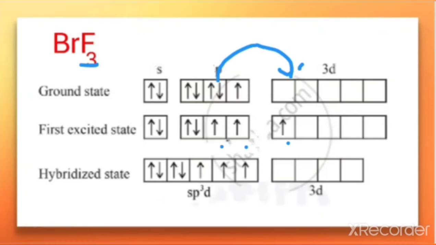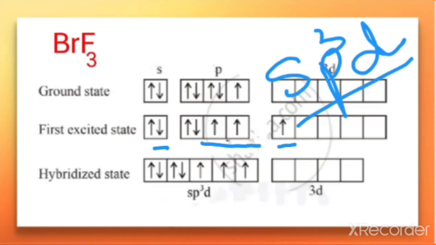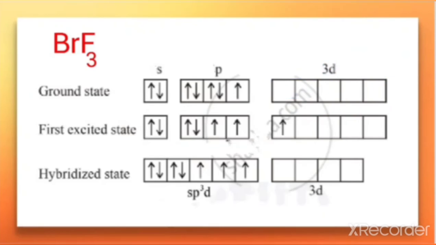So these orbitals undergo hybridization, that is intermixing: 1 s orbital, 3 p orbitals and 1 d orbital undergo mixing. So the hybridization is sp3d.